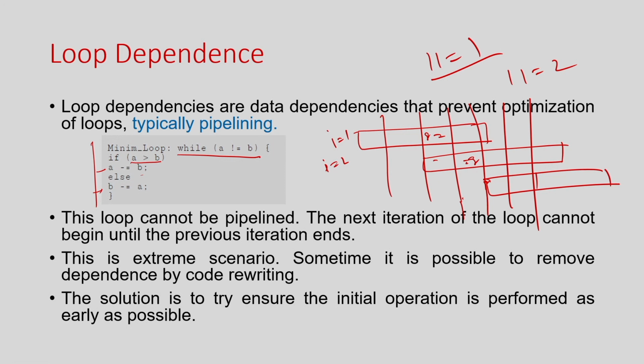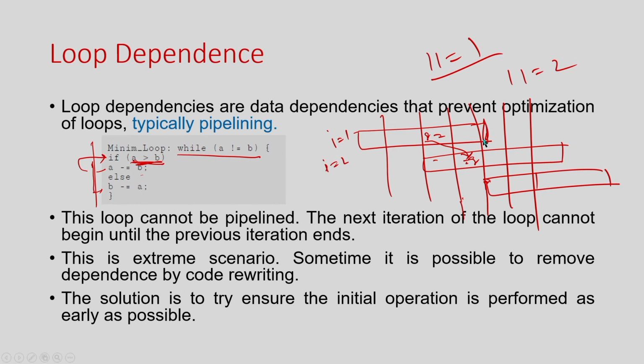So, if there are such dependencies across loop iterations, this particular example is the perfect case. Suppose I want to pipeline this loop now, and whatever I am calculating in the i-th iteration, A and B, is used for the first time in the checking. So, I cannot do anything until I check this condition, and the values A and B will be available only at the end of this first iteration.